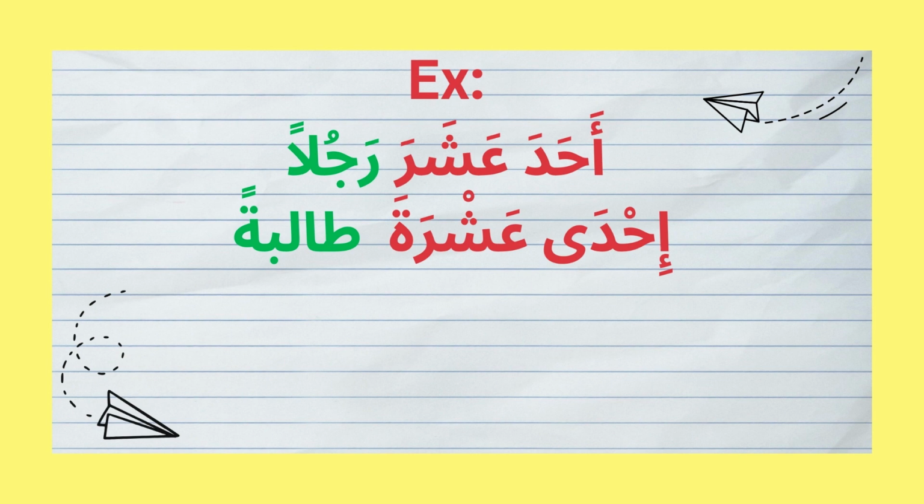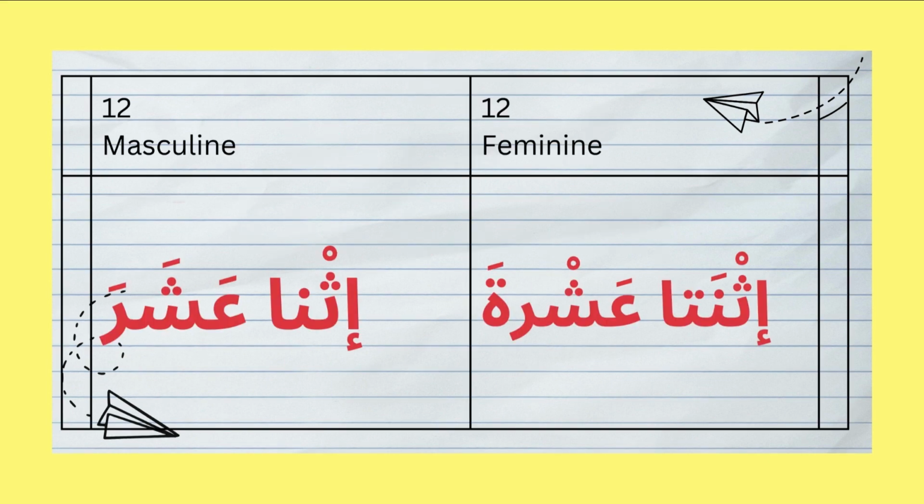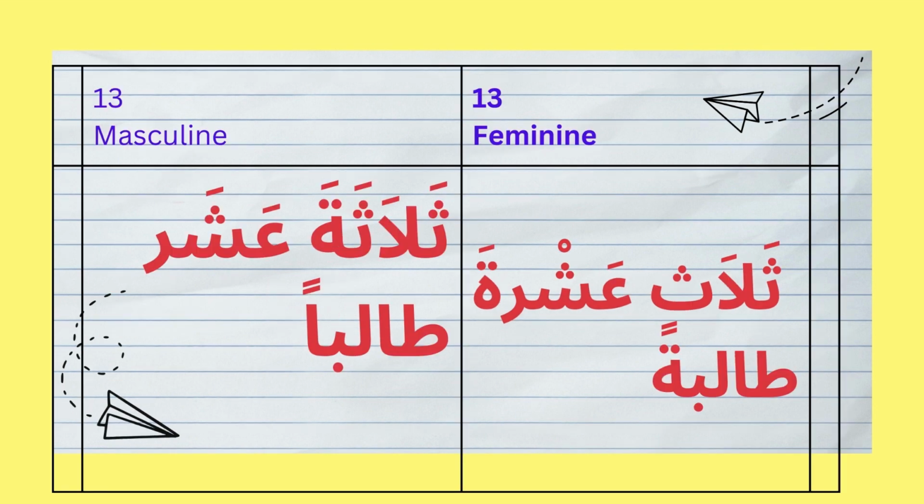And we're going to notice that the polarity rule of numbers from 3 to 10 also applies to these numbers. اثنتا عشرة, the feminine form for 12. اثنا عشر is the masculine form for 12. ثلاث عشرة is the feminine form. ثلاثة عشر is the masculine form.